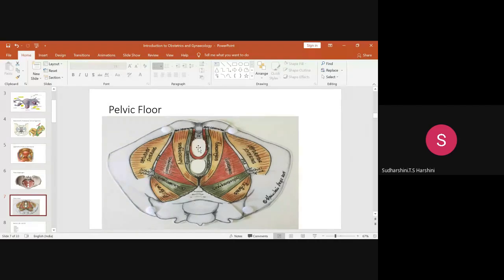And what is the other structure that is here? Hiatus urogenitalis, I told. Uro means urethra. The urethra will pass through this hiatus urogenitalis. So when there is weakness of the pubovaginalis and puborectalis, the urethra can also prolapse, causing urethrocele.